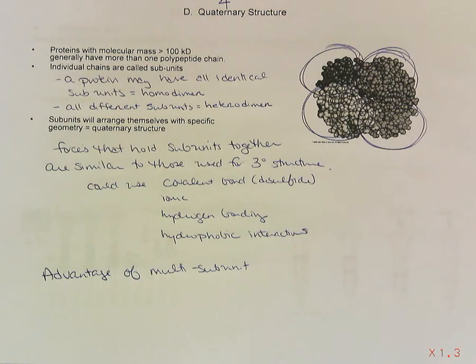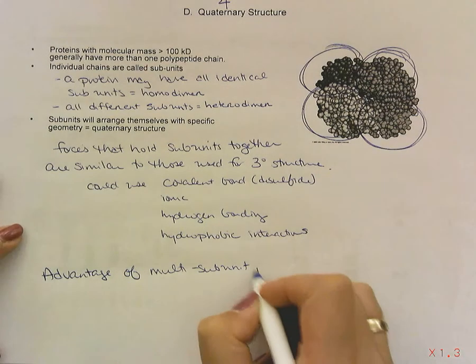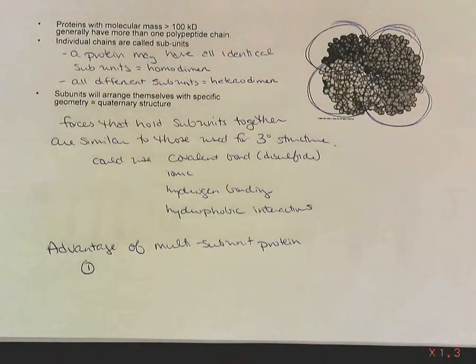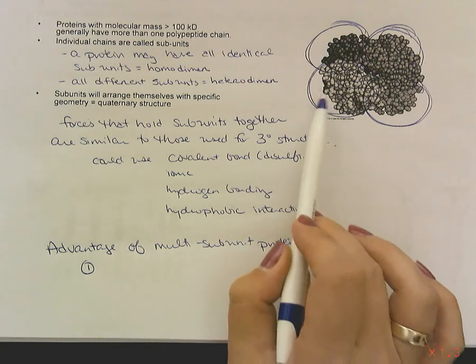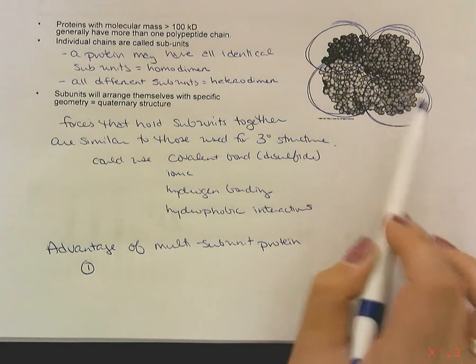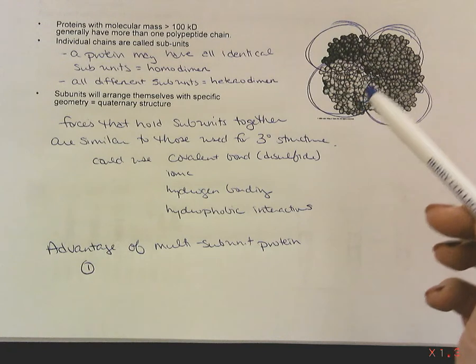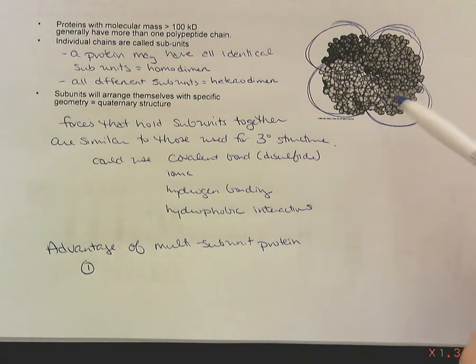An advantage of a multi-subunit protein: we're going to go with two big advantages. A cell is going to build one subunit at the same time as building another, right? It builds all four at the same time and then brings them together. What if one of your subunits is folded incorrectly? Does that affect the other three? It would, if you're able to even bring it in.